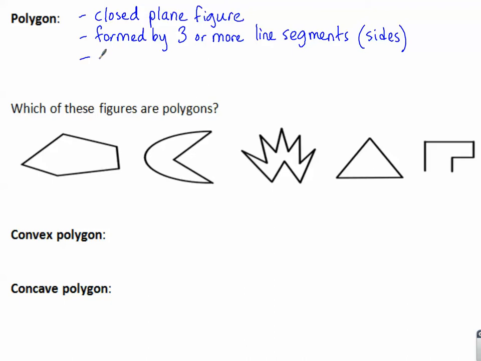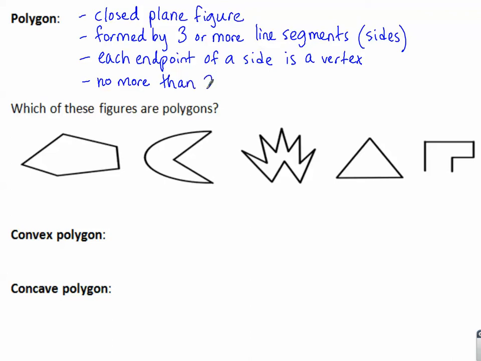Each endpoint of a side is called the vertex. And no more than 2 vertices, the plural of vertex, lie on a segment.